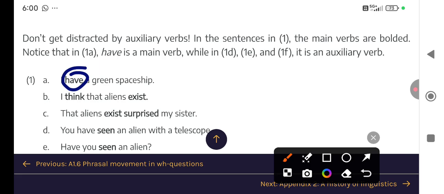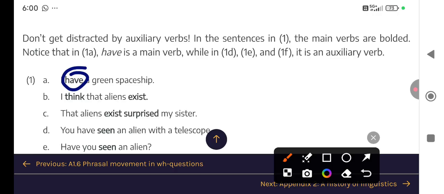I have submitted my project. Here, submitted is the main verb and have is used as a supporting or auxiliary verb. But if I say I have my lunch, here the first have is auxiliary and the other have is the main verb.